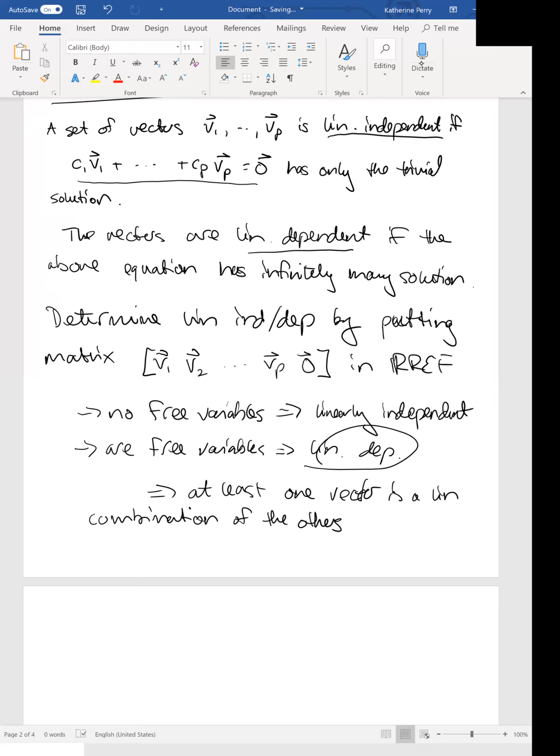We proved this in class, I think, on our last day of class, the Monday review day. Remember, if a vector is a linear combination of some other vectors, then it's in their span. So at least one vector is in the span of the others.